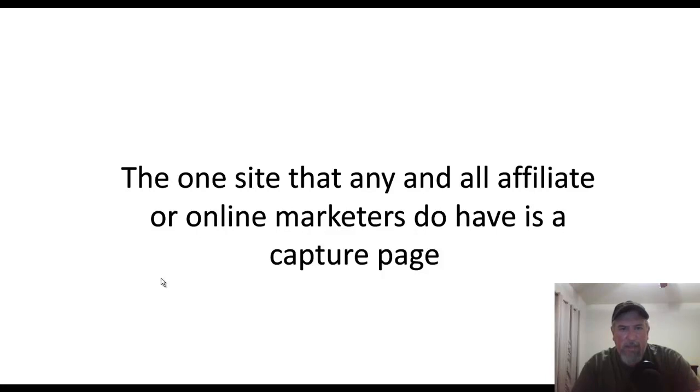If you had to have one site, it wouldn't be a blog or any of that stuff; it would be a capture page, a lead page. It could be a one-page deal, but I recommend that you do at least two. Probably two would be the best. Three is possible, but a two-page sales funnel is what I would like to see.